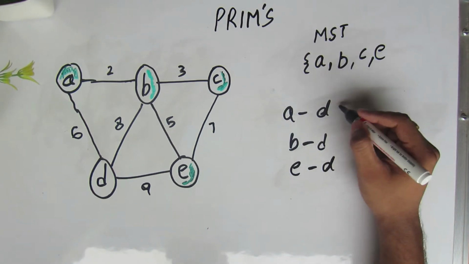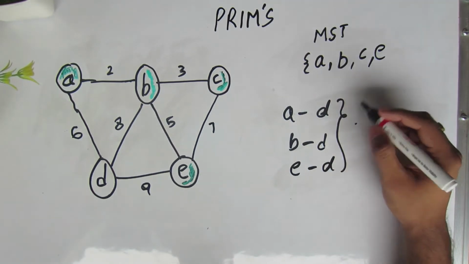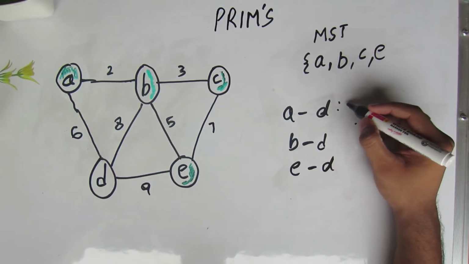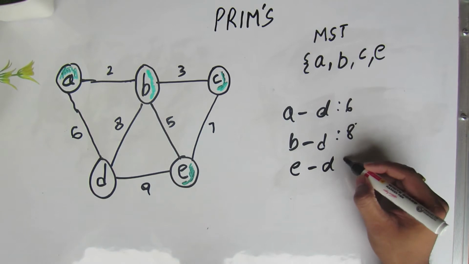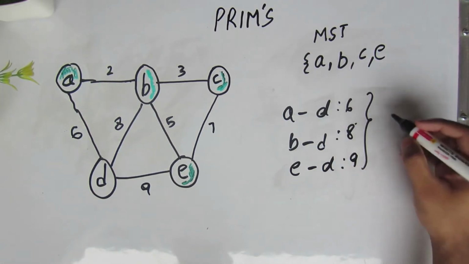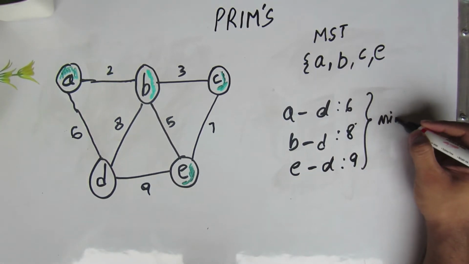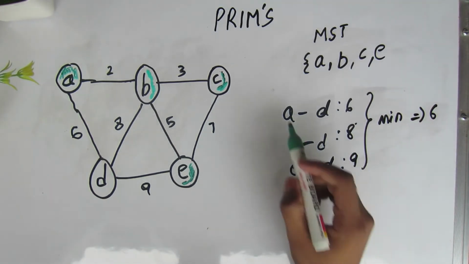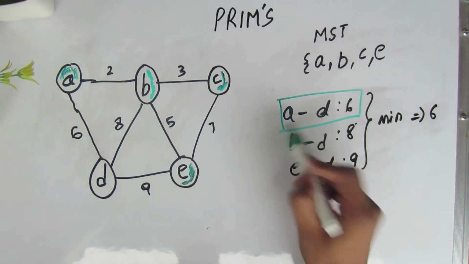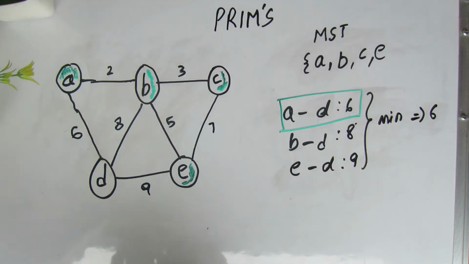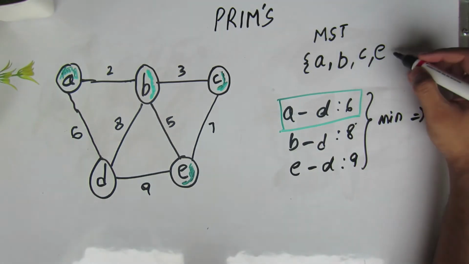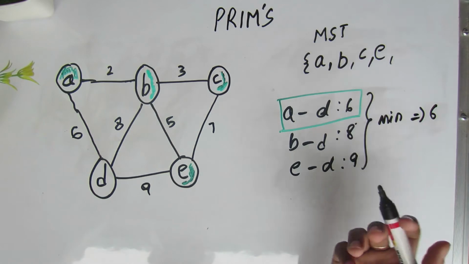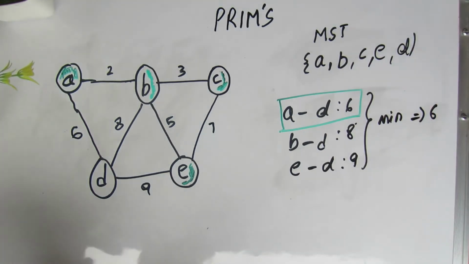These are all leading to D. Let's consider the weights. A to D is 6, BD is 8 and ED is 9. The minimum is 6. Therefore we need to add D as part of the tree, so we add edge A to D, this one.